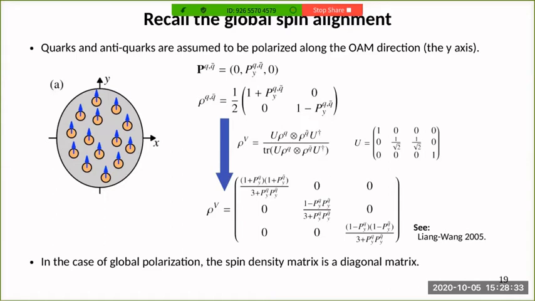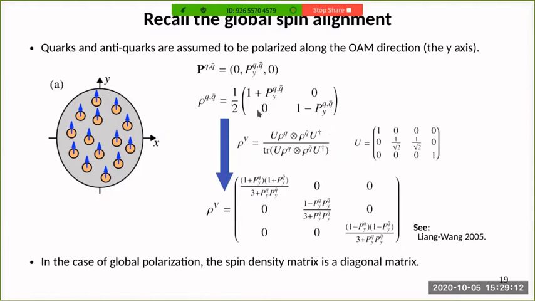In the global spin alignment, as I said, people assume that particles are globally polarized along the OAM direction, which in this picture is the y direction. So the polarization vector for quark and antiquark has only one non-zero component, Py. In this case, the density matrix for quark and antiquark is a diagonal matrix given by this.